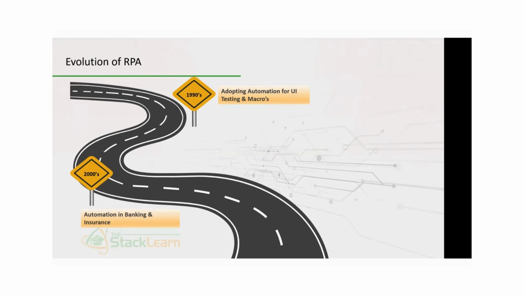Basically, whatever you see in any application or web page, you will be able to extract that information. It means you will be able to copy that data using RPA. So we call this screen scraping or data scraping. This was implemented in the 2000s.